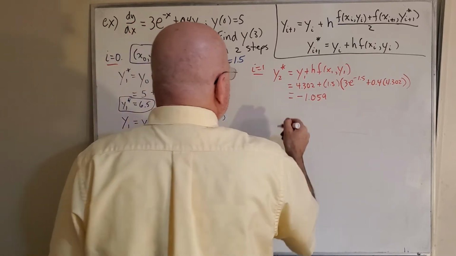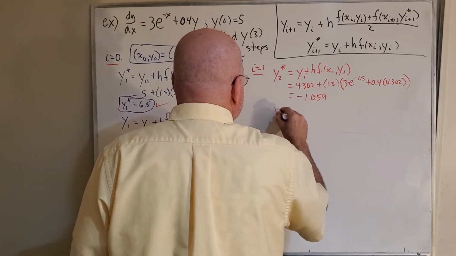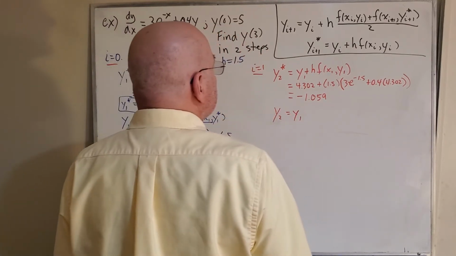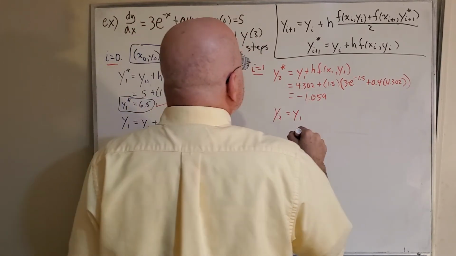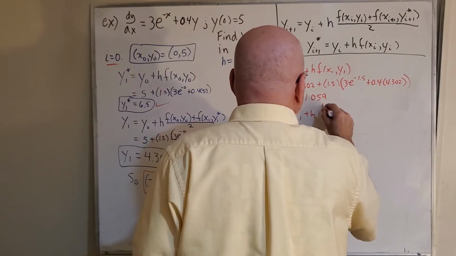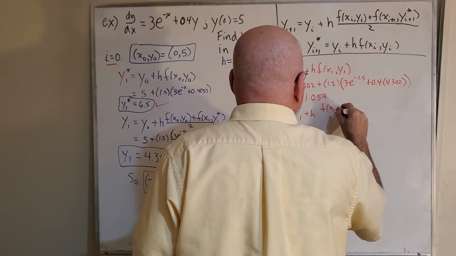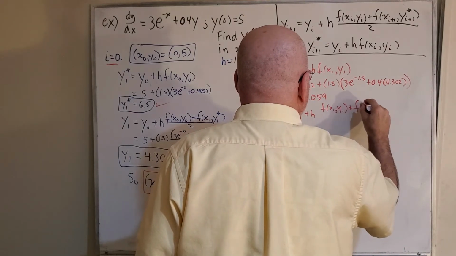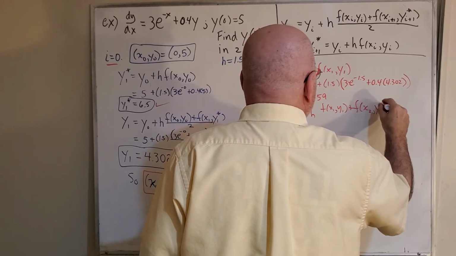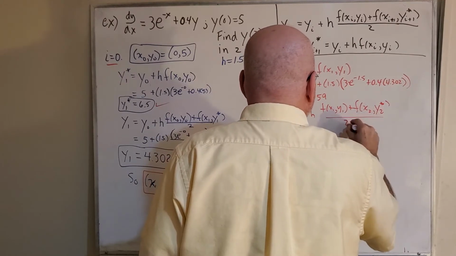So now we're going to use this in our new formula for y2. y2 is y1, I'll go ahead and write it down, plus h times f of x1, y1, plus f of x2, y2 star that we computed above, over 2.